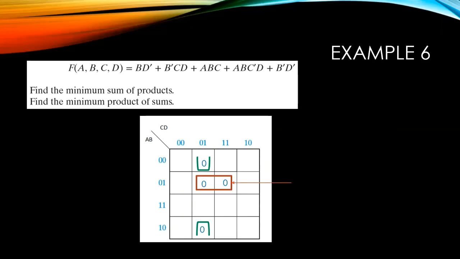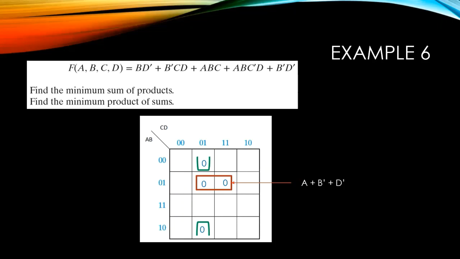The red will be A plus B not plus D not. Don't forget, 0 is uncomplemented while 1 is complemented. So A is equal to 0, so just A. B is 1, so B not. And D is 1, so it's D not.